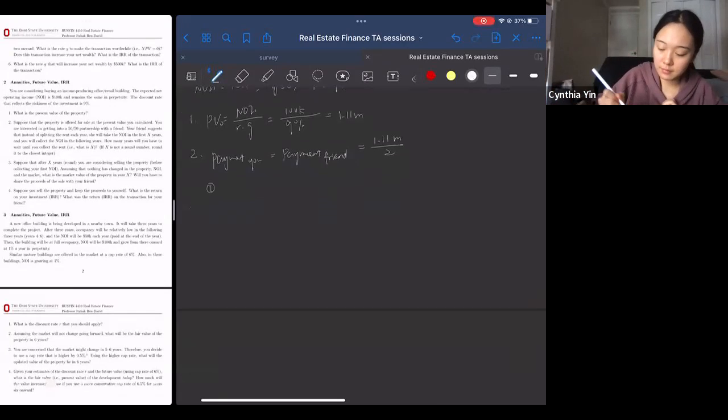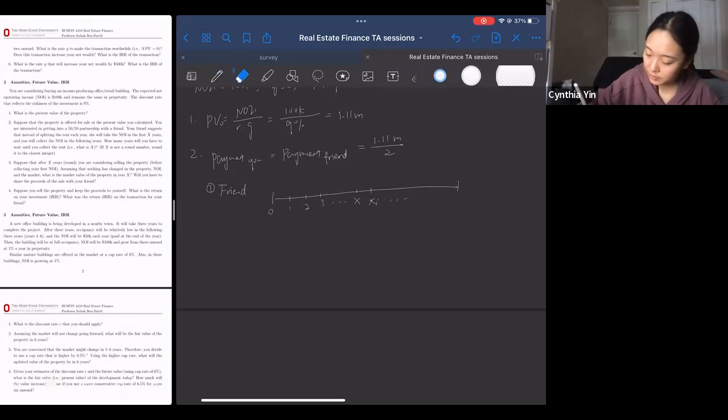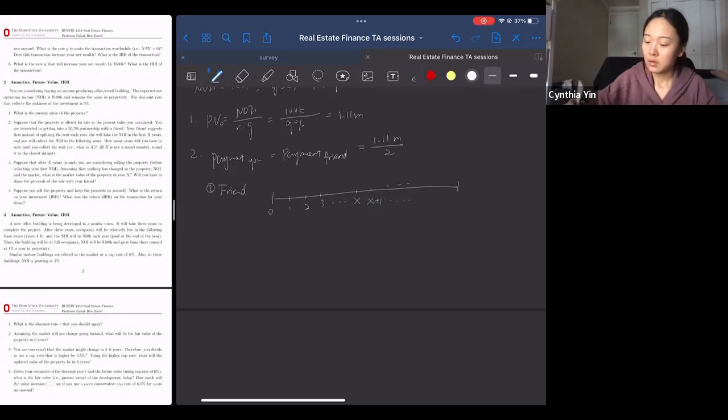The first one is to think about what your friend pays and what your friend gets.